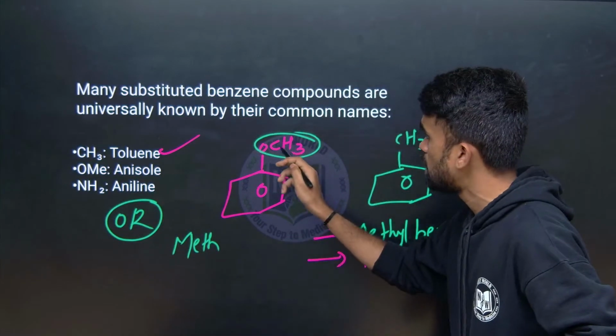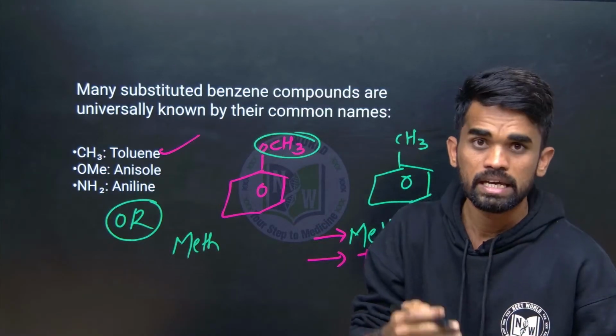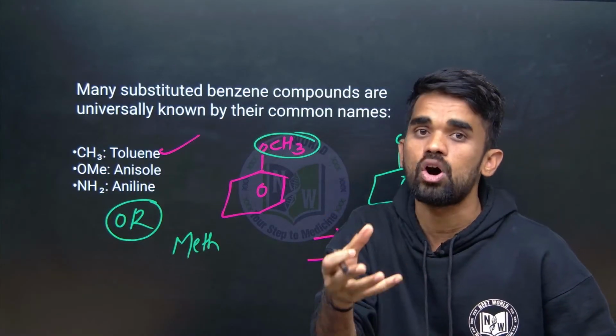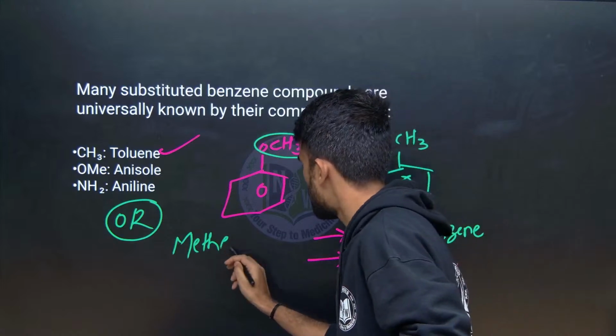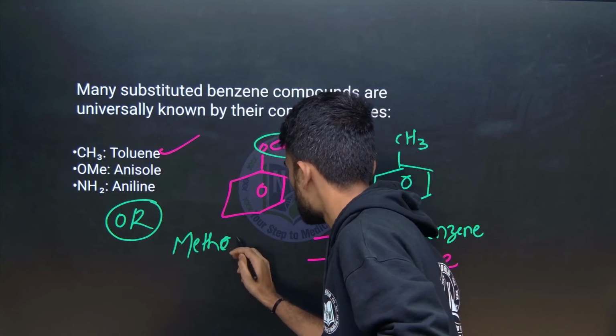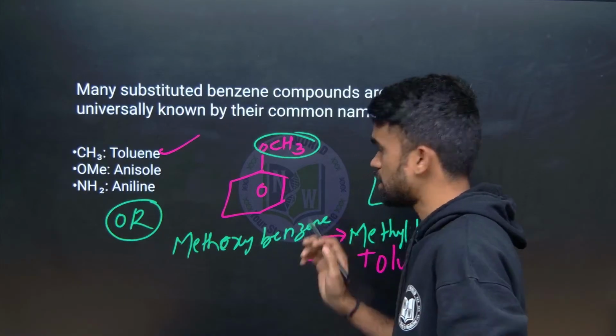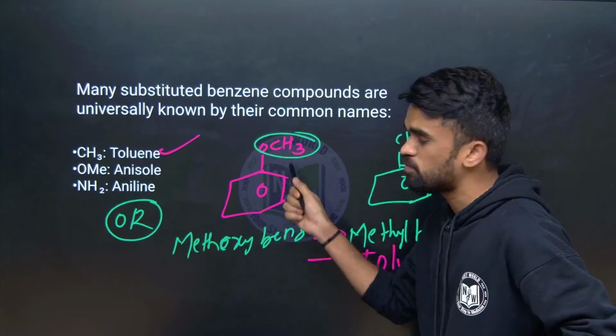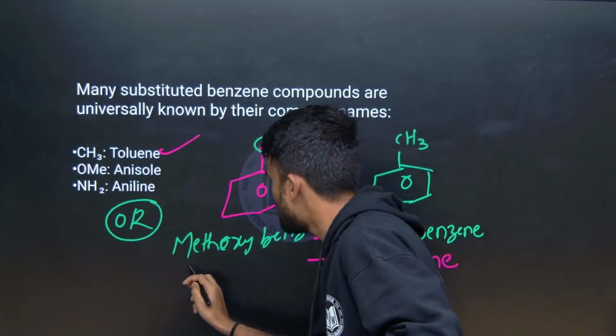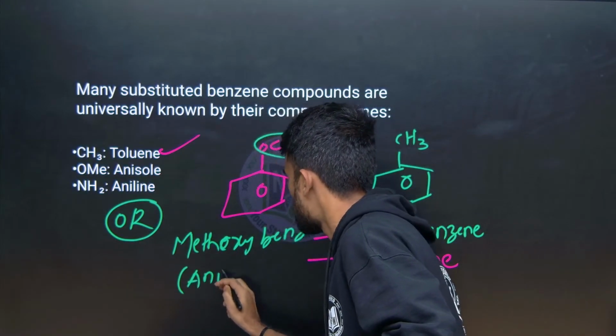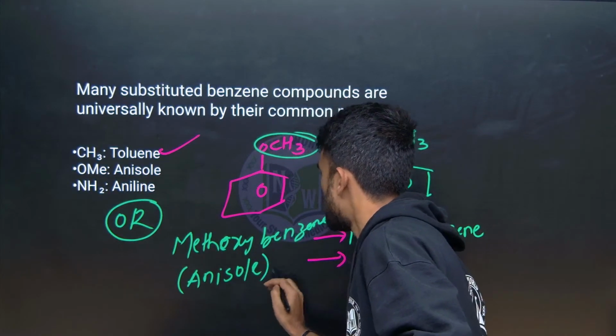Here we have methyl with oxygen, so methoxy. If it is ethyl and oxygen, ethoxy, like that. So we are calling it methoxybenzene, right? And the general name for this is anisole. Okay, you can write it like this.